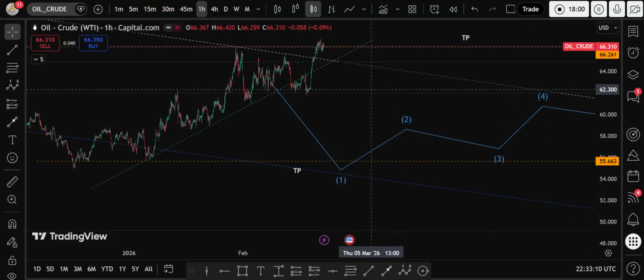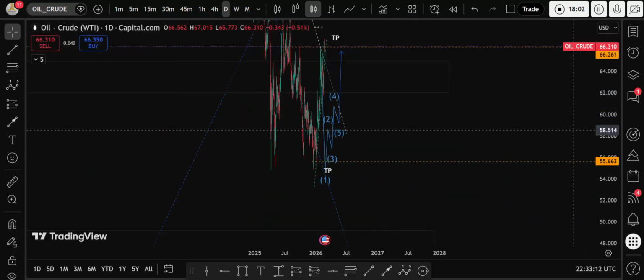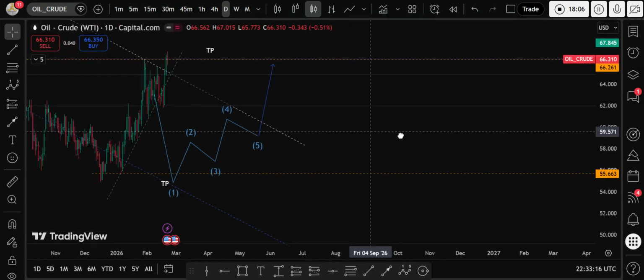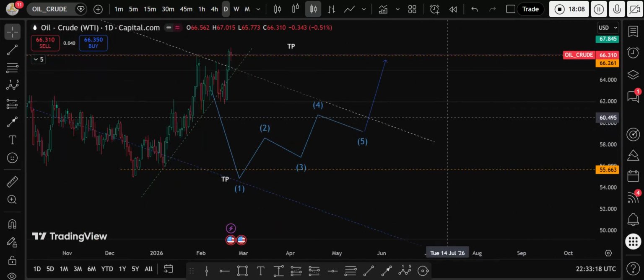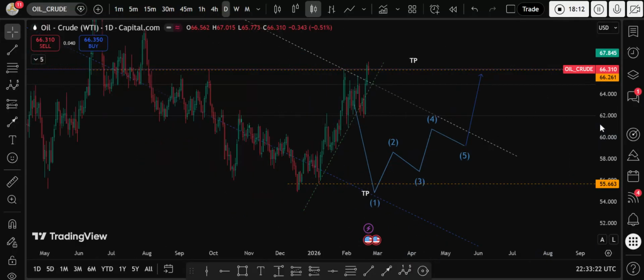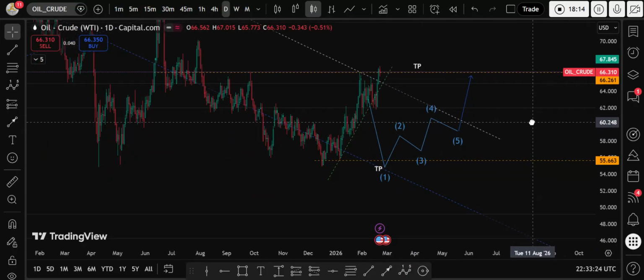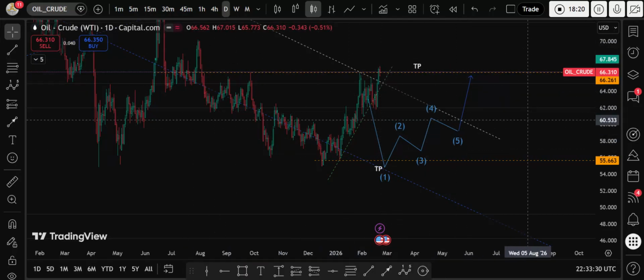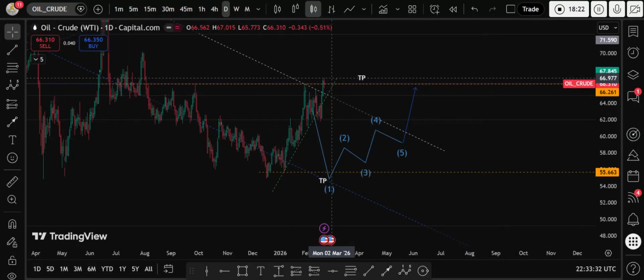There's something on crude oil that I'm seeing right now. As I said earlier, if you watched our previous video, you would have seen that I did an analysis on crude oil, stating this as the first TP. So right now, what we are waiting for is a consolidation to the downside.